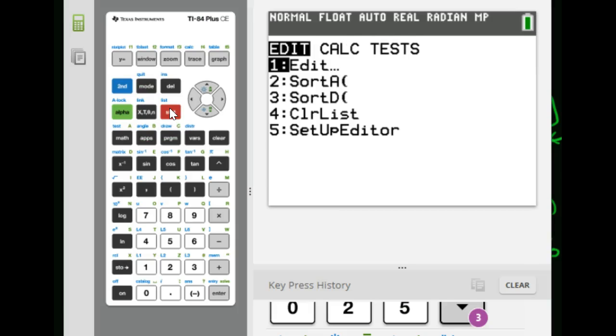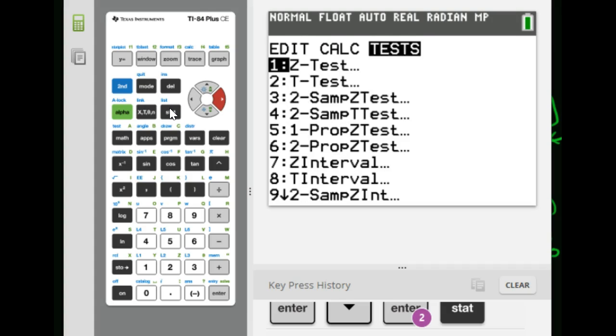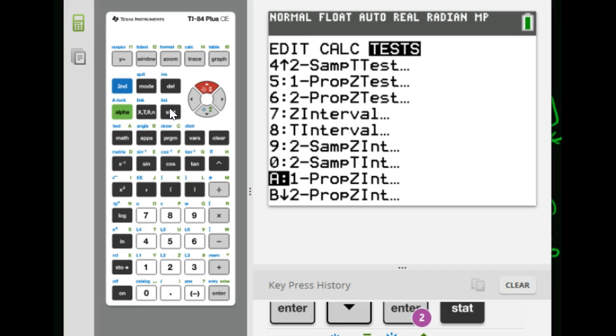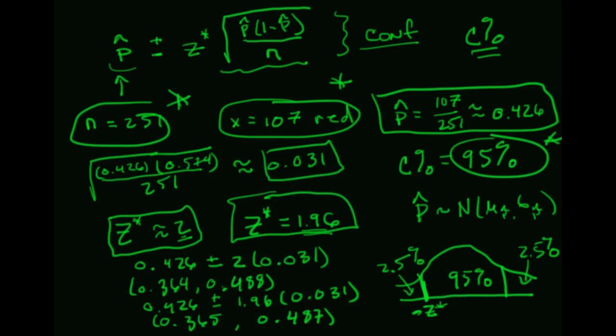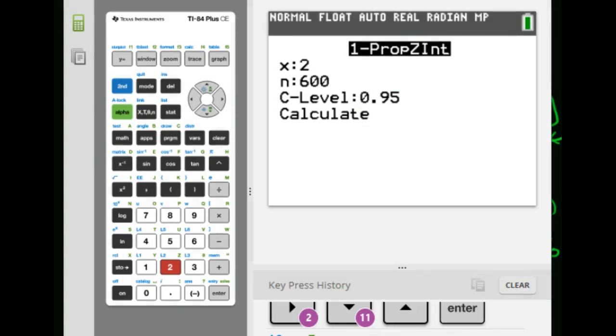Go stat, go over to tests. I have a 1 proportion z interval. Z meaning it's normal. I hit enter. It says, how many are in the sample? Well, let's see. There were 251 in the sample. That's the n, 251. 107 of those were red. 95% confidence interval.